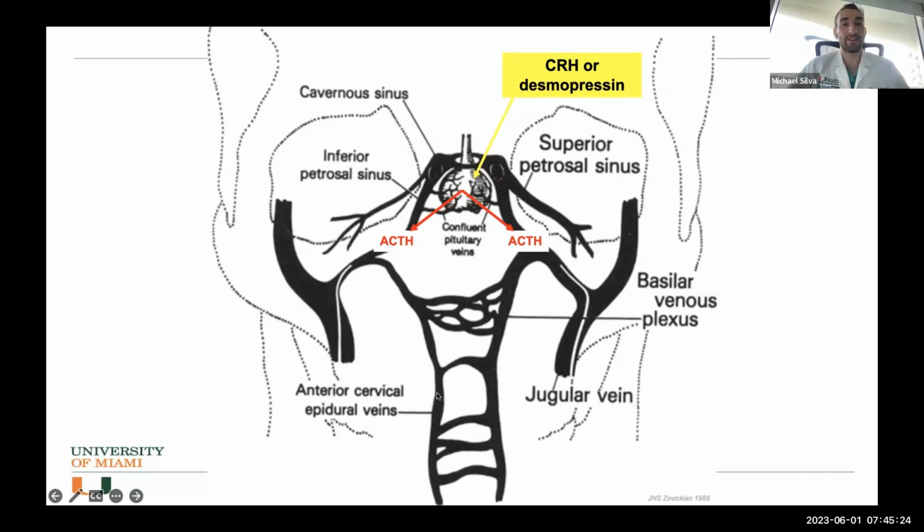And the key here is that both sides of the pituitary drain into each inferior petrosal sinus. And by measuring the ACTH in both sides, you can decipher which side the tumor is more likely located on. And again, just detecting excess ACTH production can localize the source to the pituitary gland.